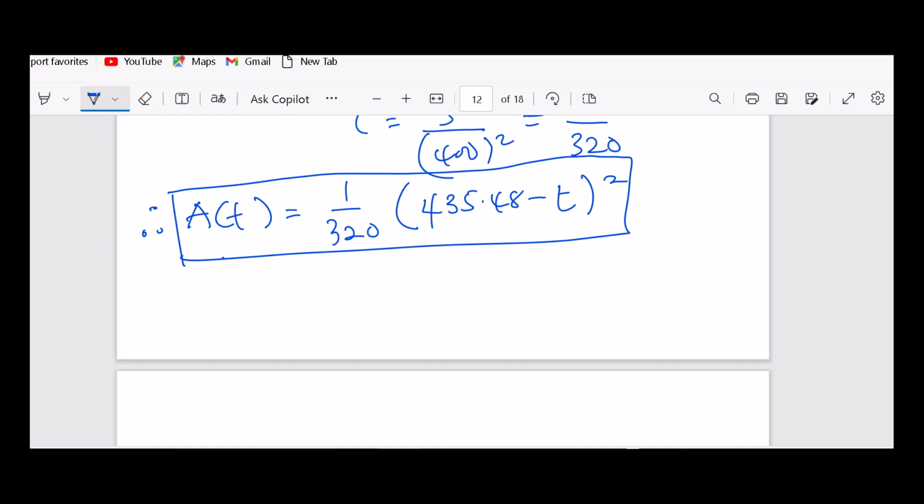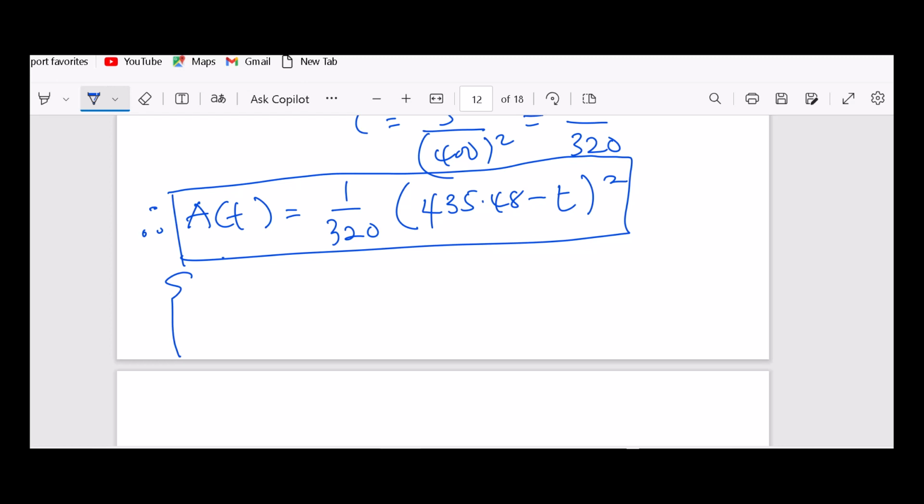So for the first part, this will look like a piecewise defined function.